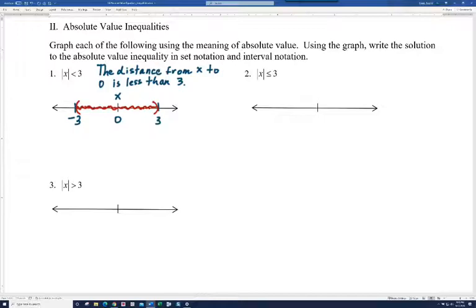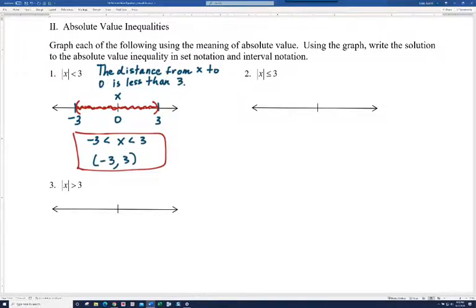So basically, our first step when we have an inequality like this is to rewrite it in set notation form. Basically, this is what I call the between case, where x is between -3 and 3. We're between two values here. And in interval notation, it would look like that.